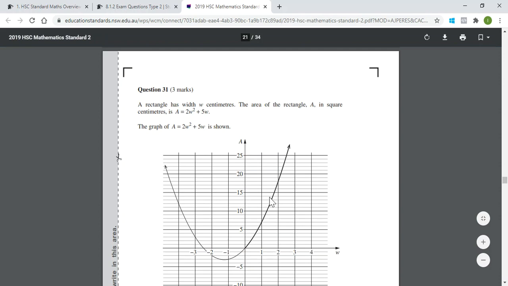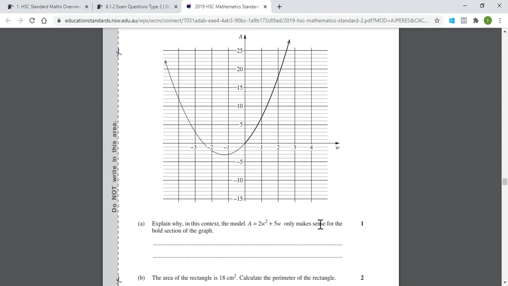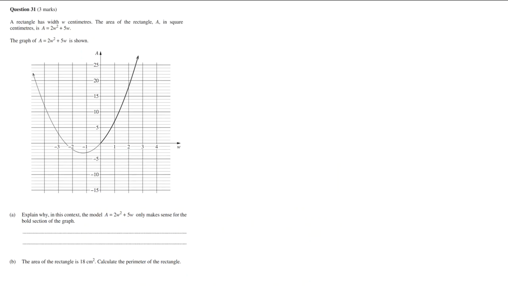Here you are given a parabola and its equation. Parabola looks like this. So it's a U kind of a shape. And what you're asked is two questions from this. Let's take them out and then answer one by one.